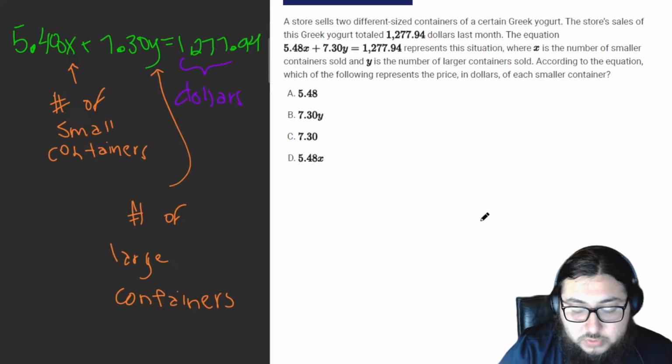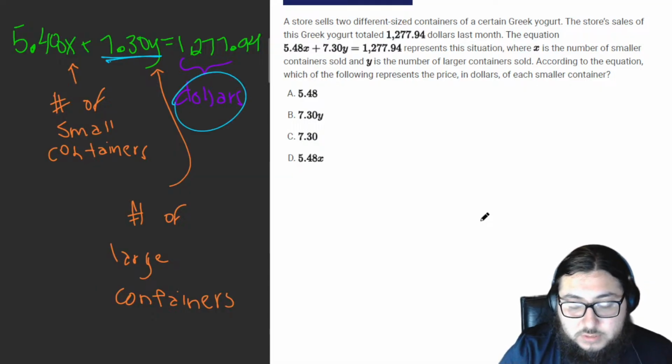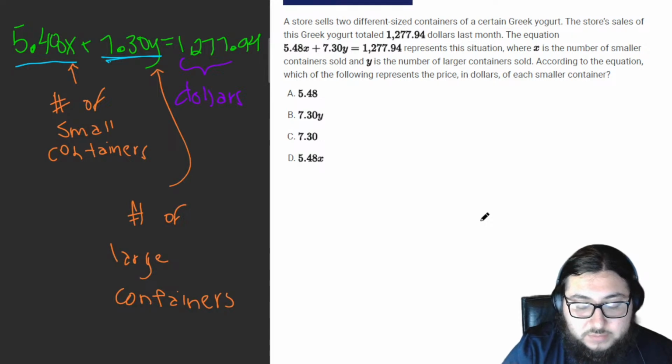Well, in order for this equation to make physical sense, this term, 7.30 times y, has to have units of dollars, and so does the term 5.48 times x.